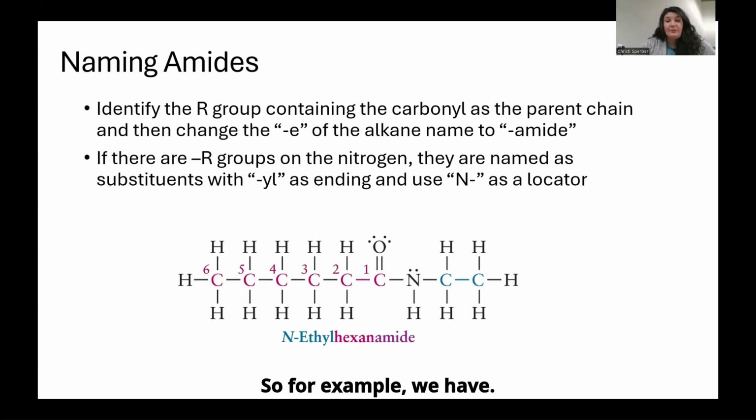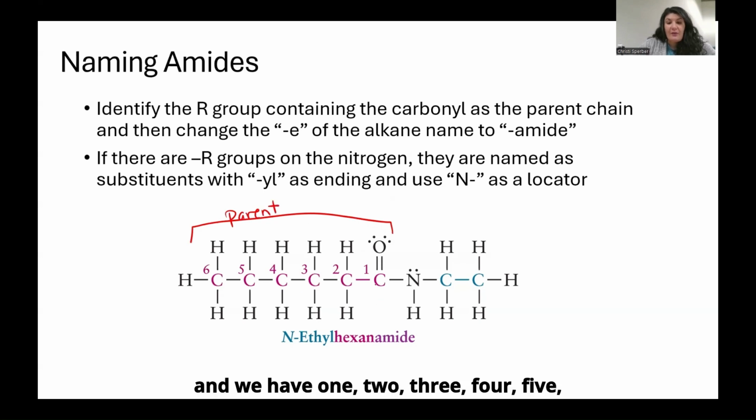So for example, we have the R group containing the carbonyl as the parent, and we have 1, 2, 3, 4, 5, 6 carbons in it, which is hexane. We take off the E and put amide in there. Then we look at the nitrogen, and we see we have a hydrogen off of it and an R group.